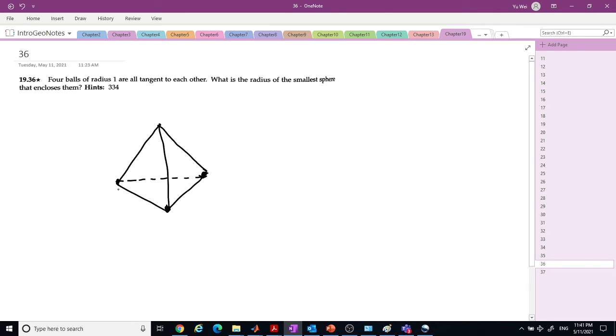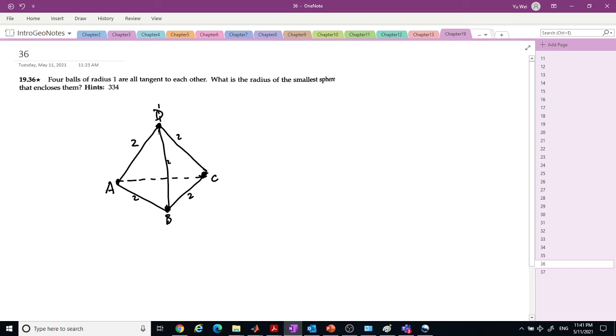So the centers of the four balls are A, B, C, D, and the centers construct a regular tetrahedron. Okay. What is the radius of the smallest sphere that can enclose them, right?